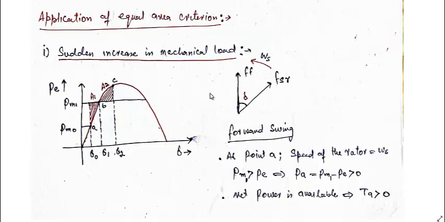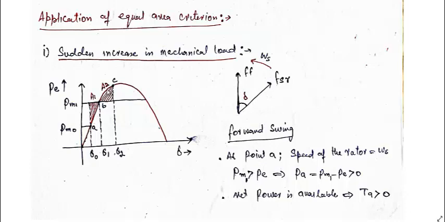When this happens, delta will still increase, electrical power will again increase, and decelerating power will increase. When decelerating power increases, the speed will start decreasing, and it will definitely start decreasing fast. Let us say at this point it is 1504 rpm. Again the speed is more as compared to the synchronous speed.